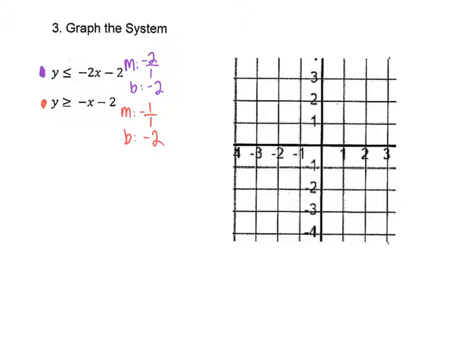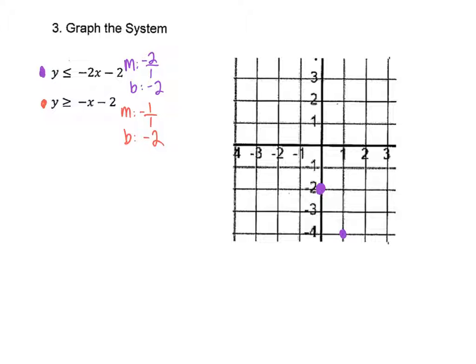Okay, top line. Begin at -2. Rise -2, run 1: down 2, right 1. Down 2, right 1. Down 2, run 1. Oh, I ran out of space.